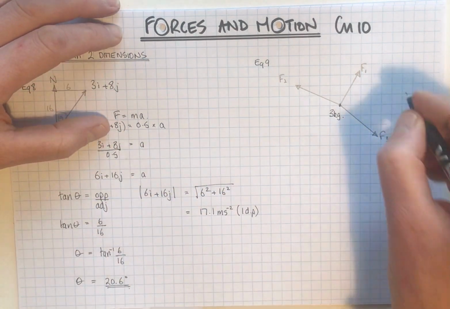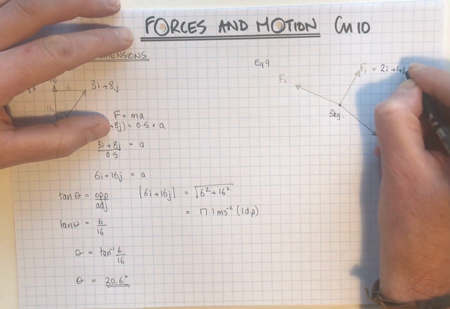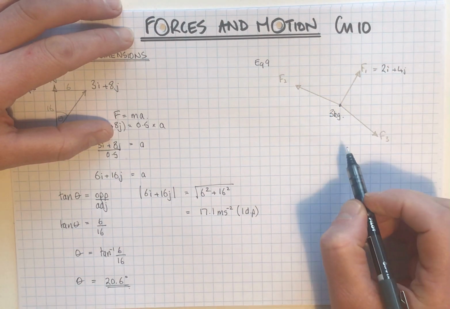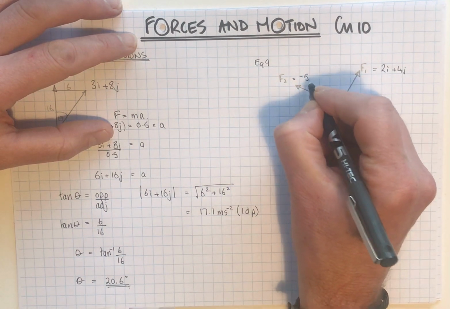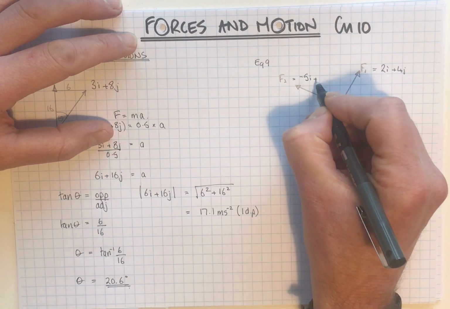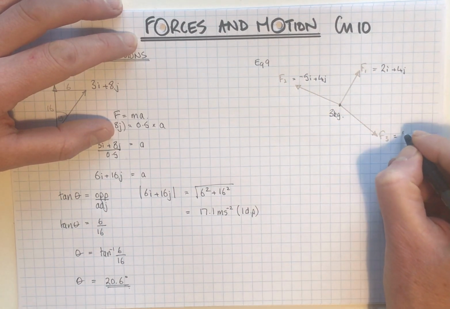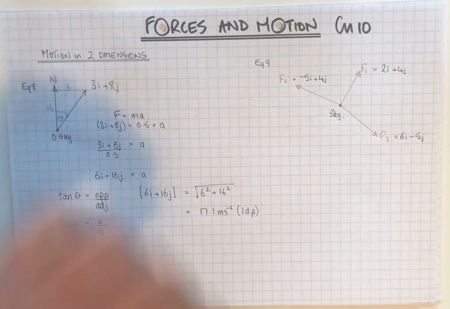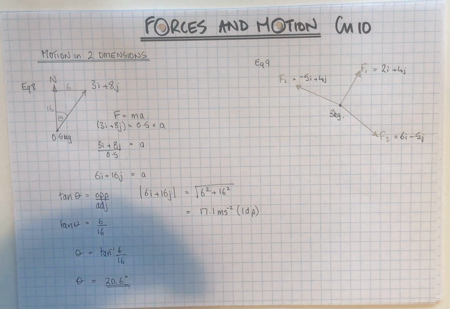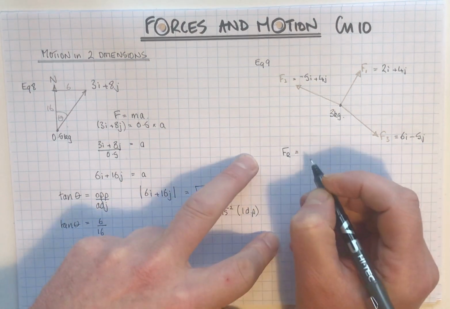So F1 you are given as 2i plus 4j. F2 you're given as minus 5i plus 4j. And F3 you're given as 6i minus 5j. So there are 3 forces. I'm going to find out the resultant force by adding them together.